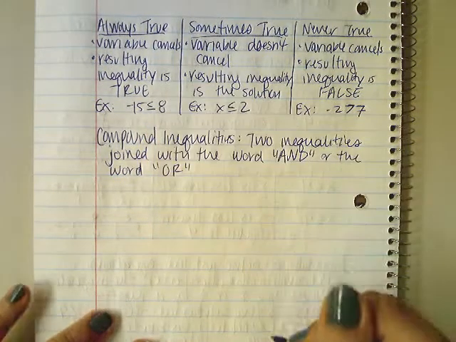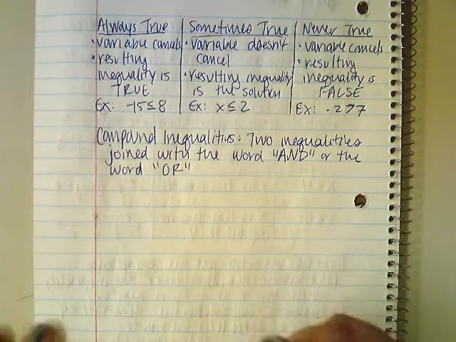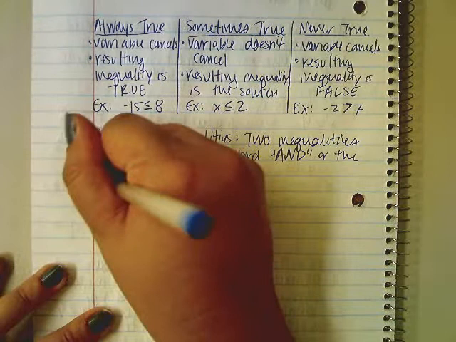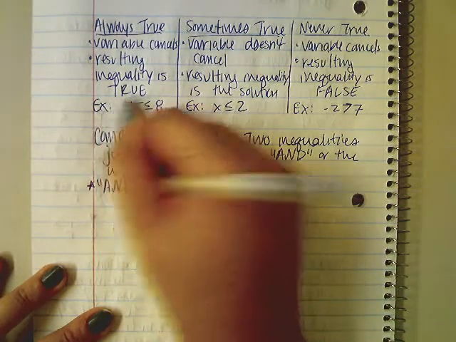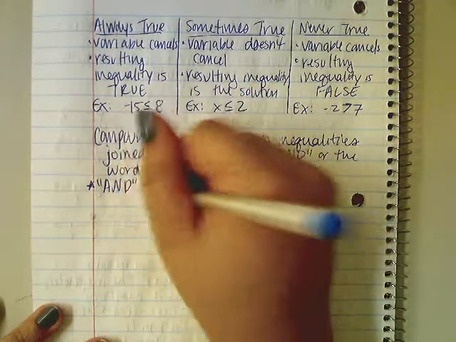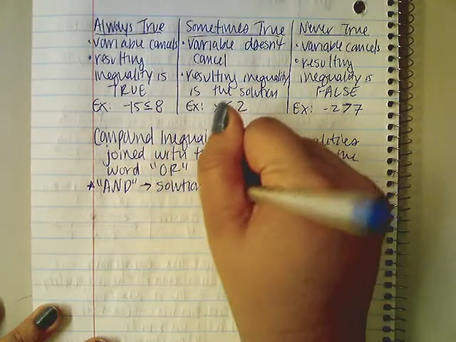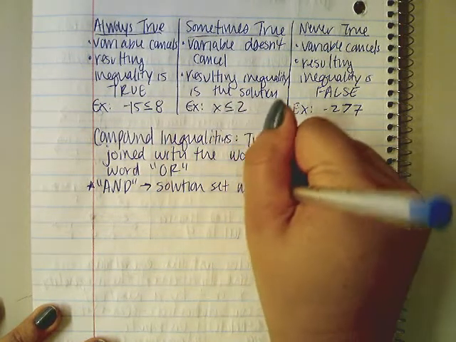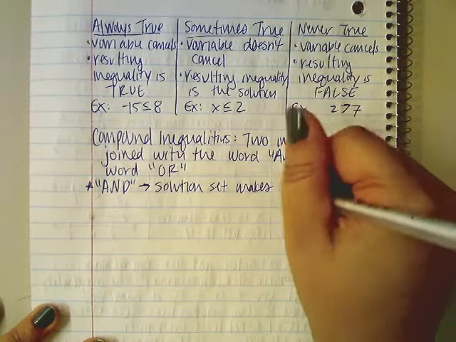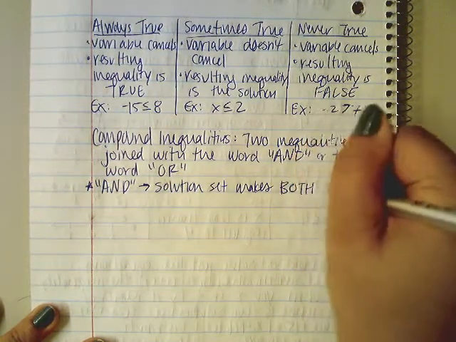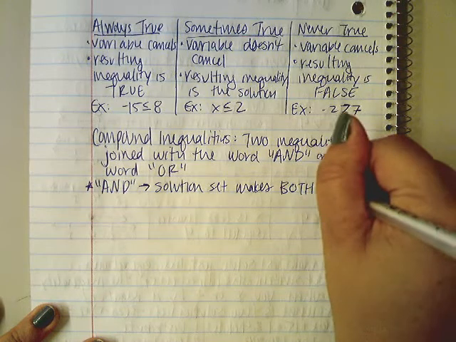So we have and/or inequalities. We're going to start with and. So our first one, and inequalities. This means our solution set makes both inequalities true.